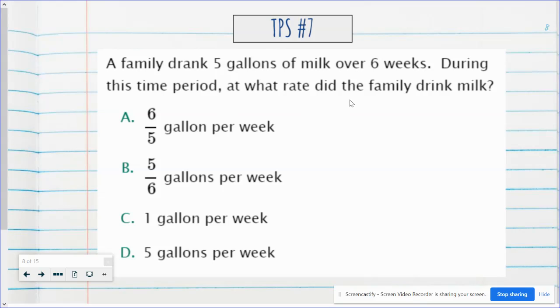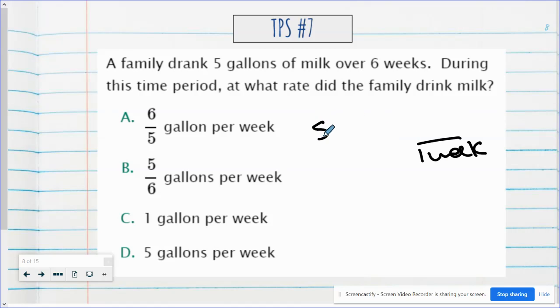A family drank 5 gallons of milk over 6 weeks. During this time period, at what rate did the family drink milk? So we see here that we want to go to per week. So what that is going to mean for us is that we want to know the rate of 1 week because per means one.